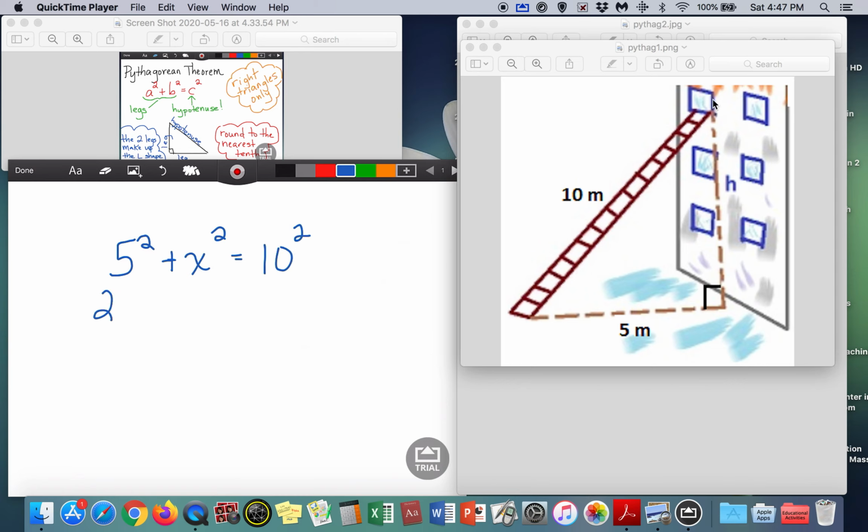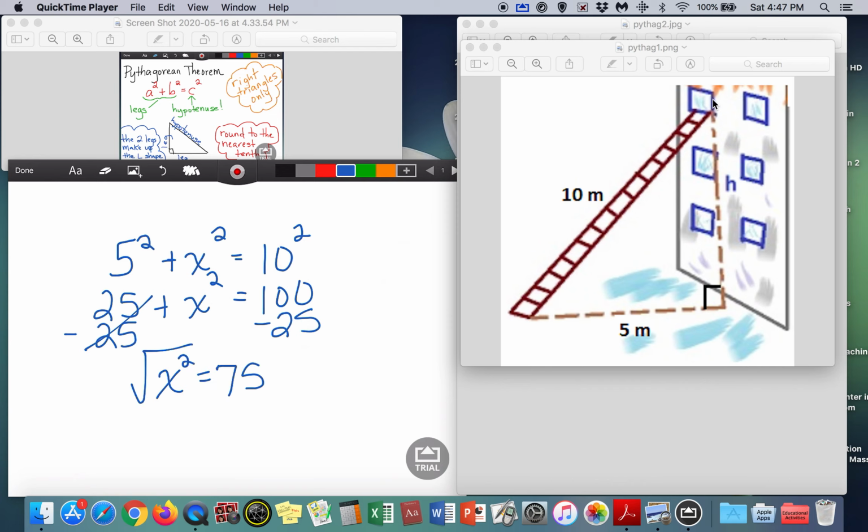All right, so I'm going to go ahead and square the 5 to get 25, and I'm going to square the 10 to get 100. And then it's either going to be an adding or a subtracting step. So this one, the x squared, is not by itself, so I need to do a subtraction step. So it's going to look like this: x squared equals 75.